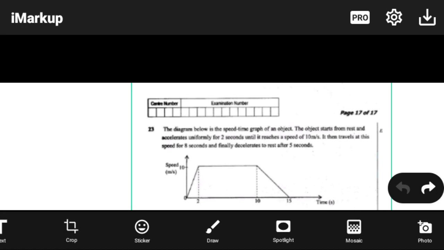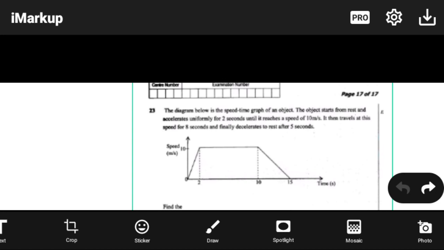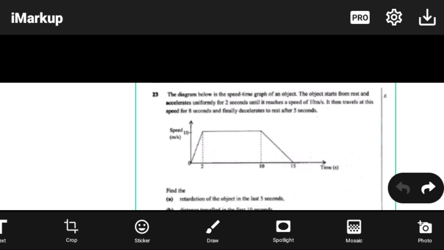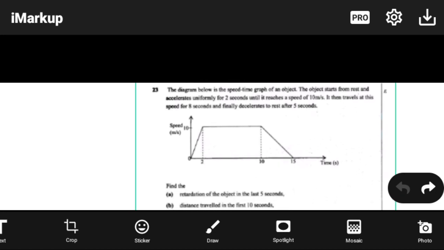The object starts from rest and accelerates uniformly for 2 seconds until it reaches a speed of 10 meters per second. It then travels at this speed for 8 seconds and finally decelerates to rest after 5 seconds.